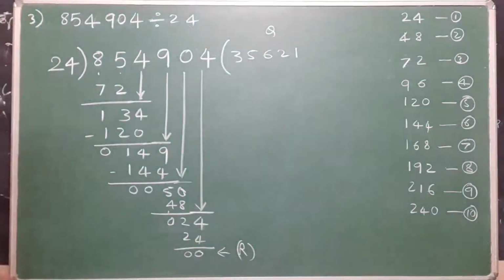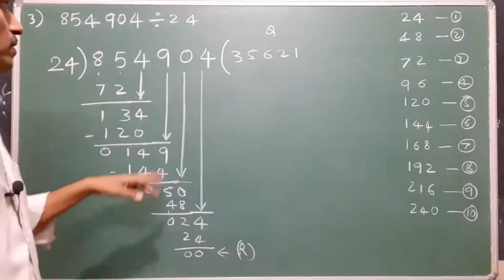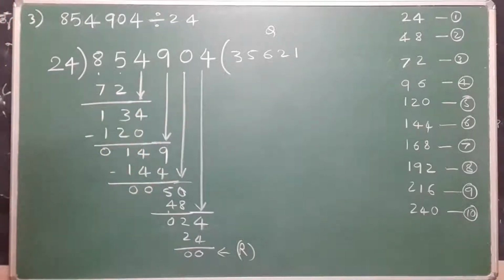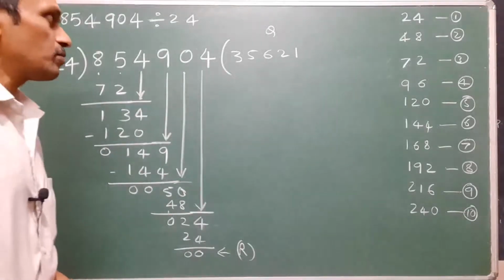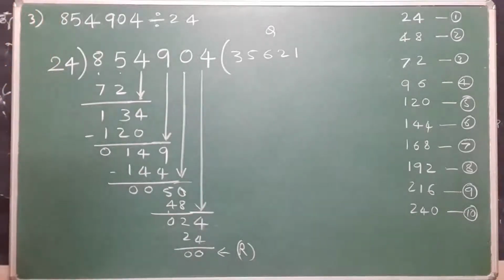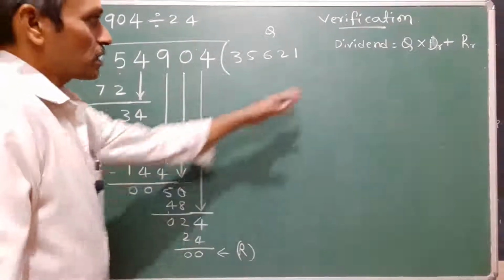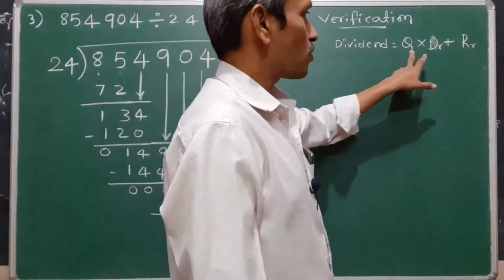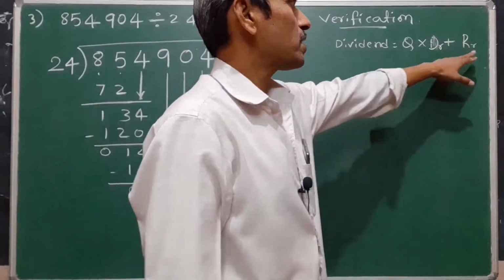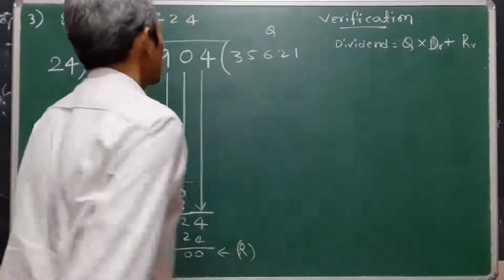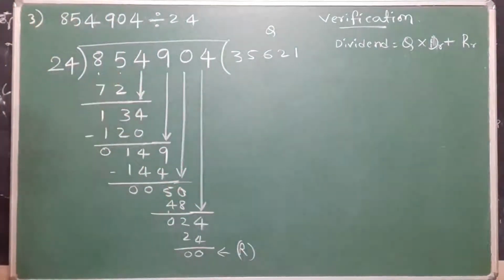Now we will verify whether we have done this division problem correctly or not. By verification we will come to know that. By using this formula, dividend is equal to quotient into divisor plus remainder, we should get the result as dividend.